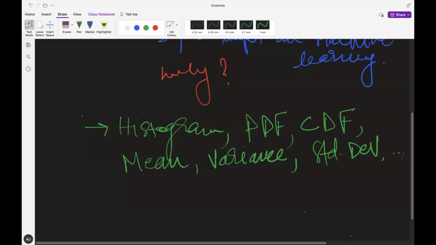Even though we use them in exploratory data analysis, these are all very, very fundamental concepts. We will learn all these concepts in more detail in probability and statistics.